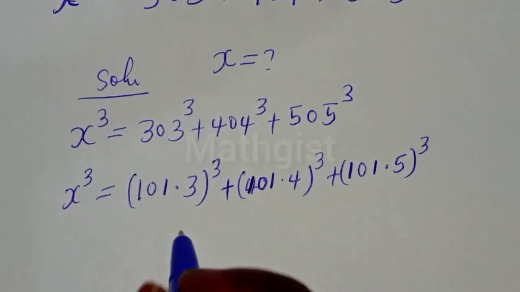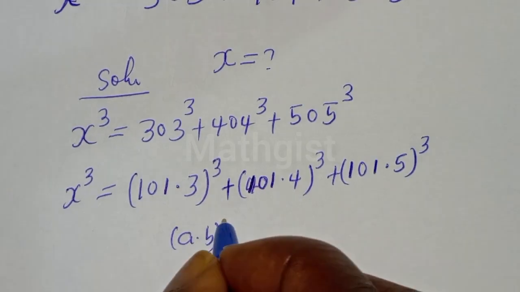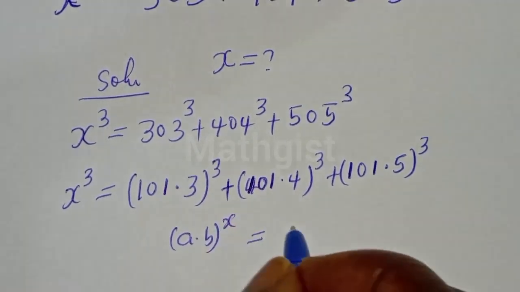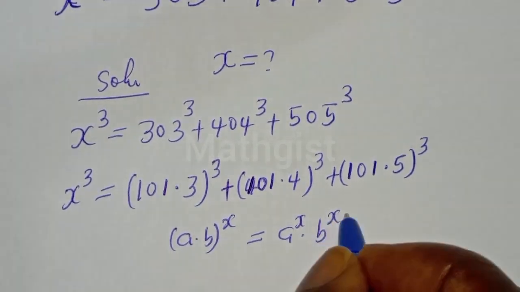And if you have a multiplied by b to the power of x, this is equal to a raised to power x multiplied by b raised to power x.